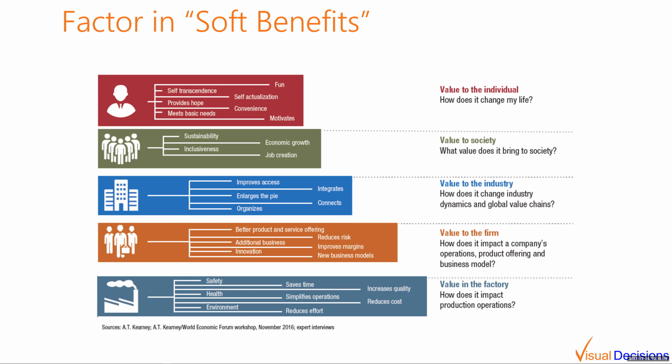Can we set up fun competitions, such as putting visual controls out on the lines to set up a competition between the different lines for production goals? Those are different things we can think about, as well as value to the society, industry, the firm, factory, and so forth, for some of these soft benefits that may change the acceptance and the adoption of these different technologies out on the shop floor.